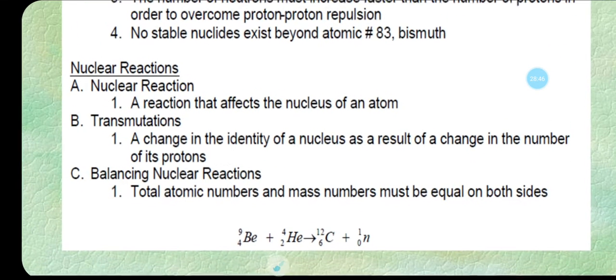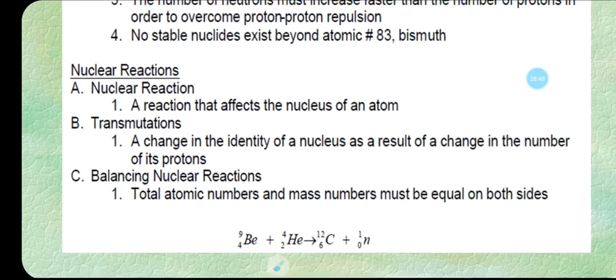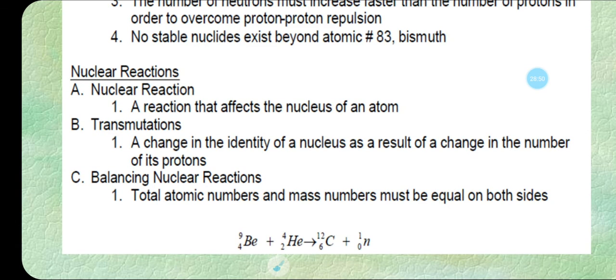Now some nuclear reactions, that means reactions that affect the nucleus of an atom. What type of reaction is going on? Conversion of proton to neutron or neutron to proton, or conversion of electron to proton or neutron.